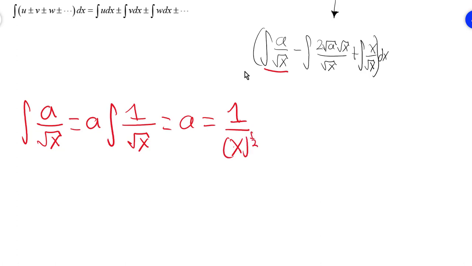Now we can move the x up here, and we would have a times the integral of x to the minus 1/2. This is a simple radical rule, and if you don't know what I'm talking about, you should get a radical rules sheet. That is a mandatory thing for calculus. So I have applied it from this point to this point.